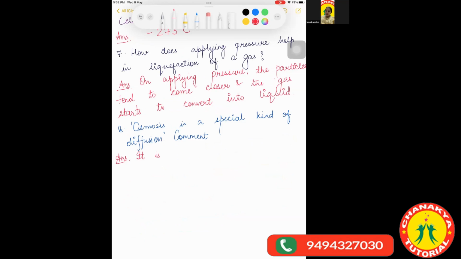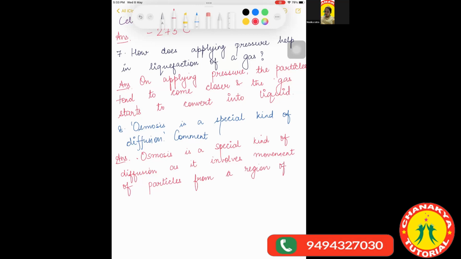We consider osmosis a special kind of diffusion as it involves movement of particles from a region of high concentration to a region of low concentration.